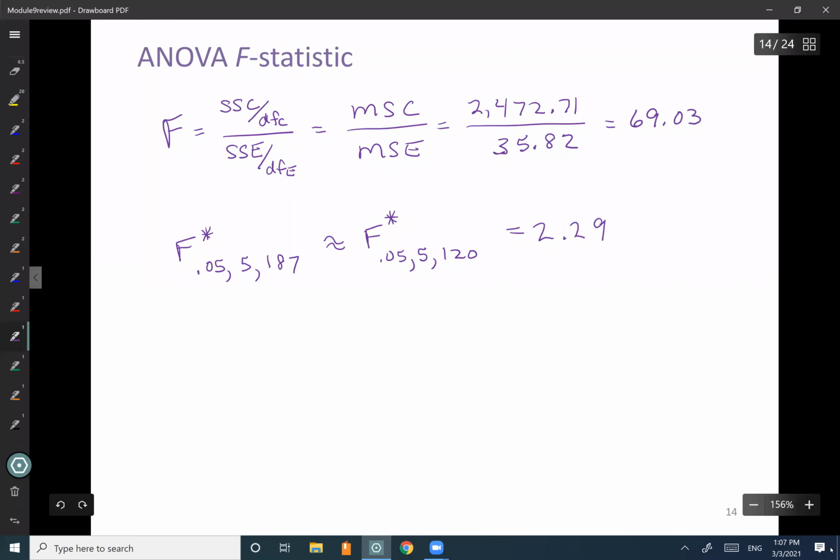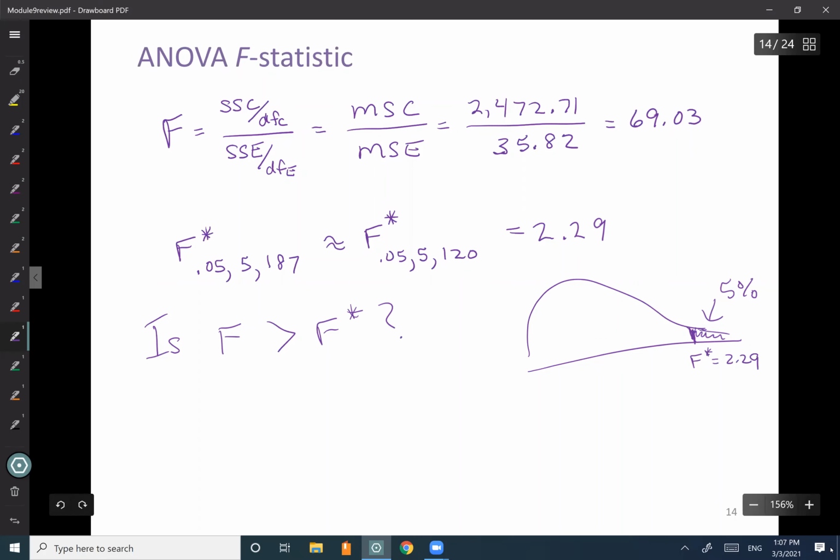And now we ask ourselves, is the observed F greater than the critical value F? Because if you look at the distribution, our critical value F corresponded to 5% of the area under the curve. F star equals 2.29. So is our observed value in that critical region, the rejection region, right?